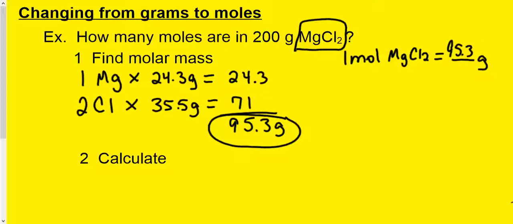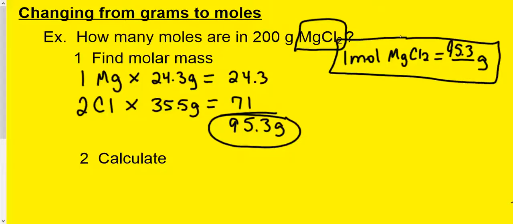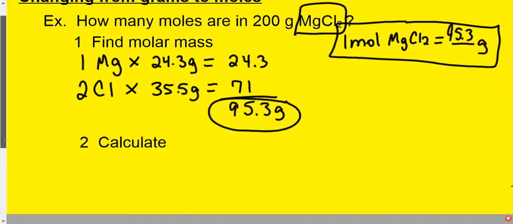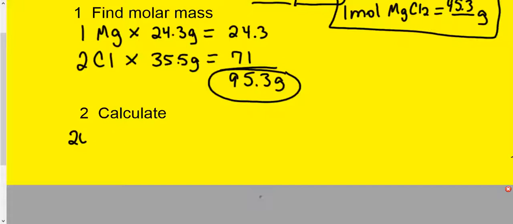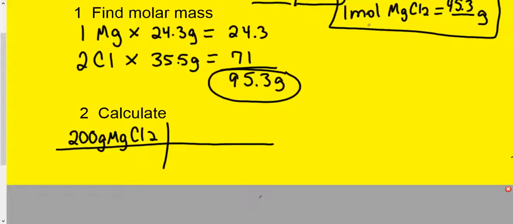Now that I know this fact, I can use that as a conversion factor. I'll write down my given, which is 200 grams of magnesium chloride. Use this as a conversion factor, and since I want grams to cancel, I'm going to put grams down here. And in 1 mole, that's what I want to go to, so I'll put moles on top.